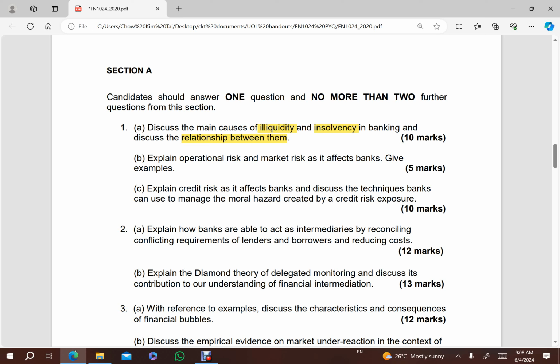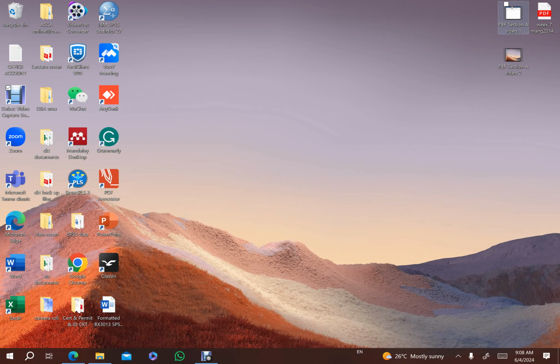The Lehman Brothers, Citibank, Bank of America problems during the global financial crisis were insolvency. It does not happen overnight. It's already a problem of 1-2 years, and slowly it builds up to the crisis point. So that's the difference between the two. Part A wants you to explain that, so I give you the points here.